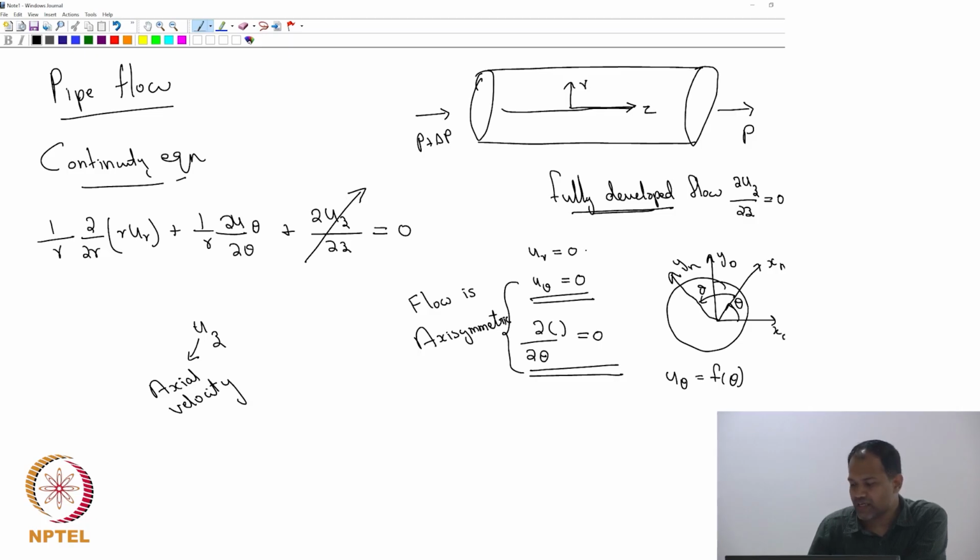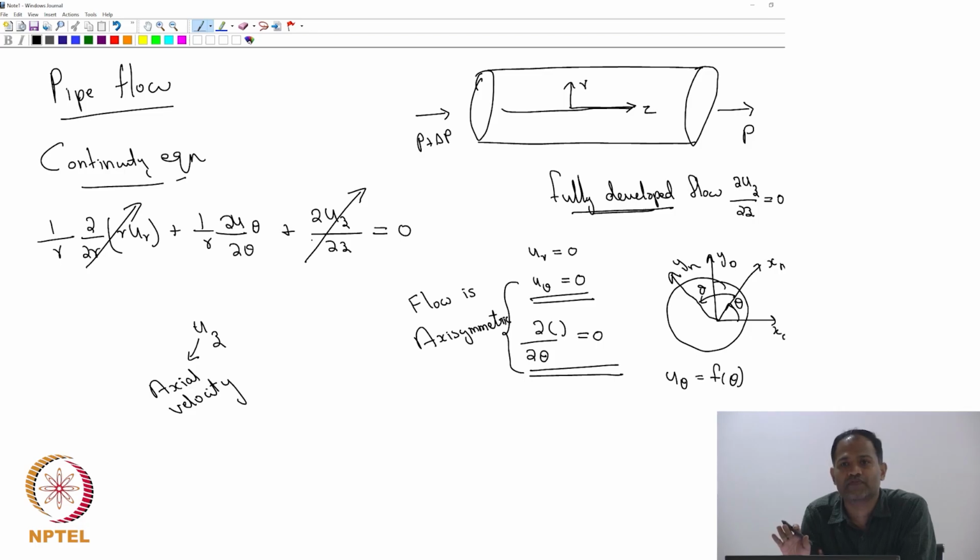Then you have to either assume u r equal to 0 or u theta equal to 0 to get the other equal to 0. If I say u r is equal to 0, I will push that out, then I have dou u theta by dou theta, which will come out to be constant, but it will be 0 at the wall and therefore it will be 0 everywhere. Axisymmetric flow is a fully developed flow.